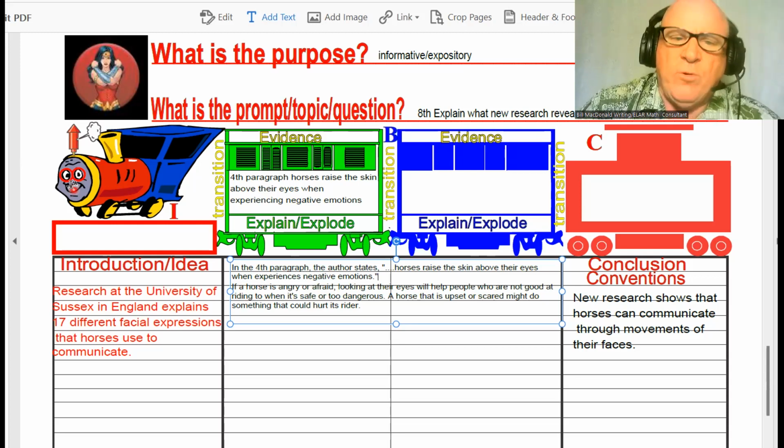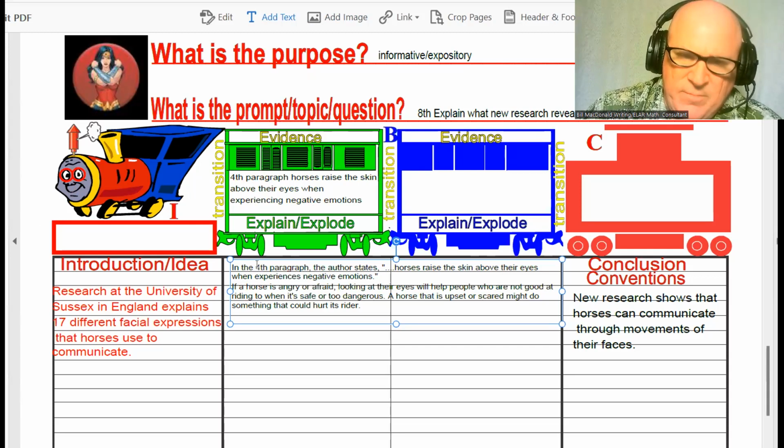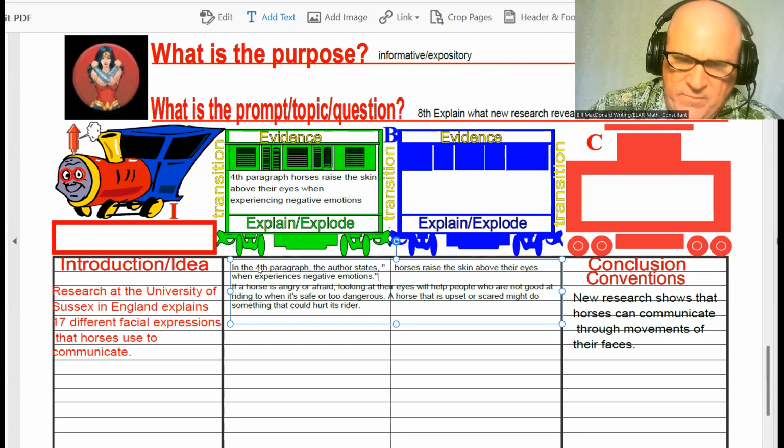The evidence that we're going to use is what I showed you, and I had put the fourth paragraph. And so if the student is in the middle of their rough draft, whoops, let me select first. Uh-oh, it's not letting me select. That's not good. Let me see if I can do that again. So, like I said, I might not be able to. Let me fix it.